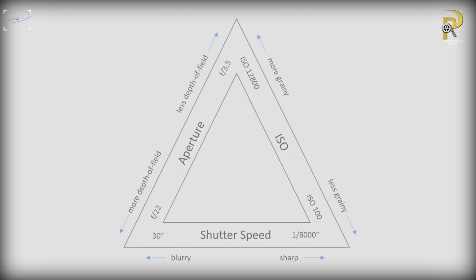So you will have to decrease the shutter speed, or boost your ISO, to keep your frame perfectly exposed, and do the vice versa if you are using the shallow aperture, that is 1.8 to 2.8. More light is entering your frame, so now you need to boost your shutter speed and decrease the ISO. So this is what the exposure triangle is all about.